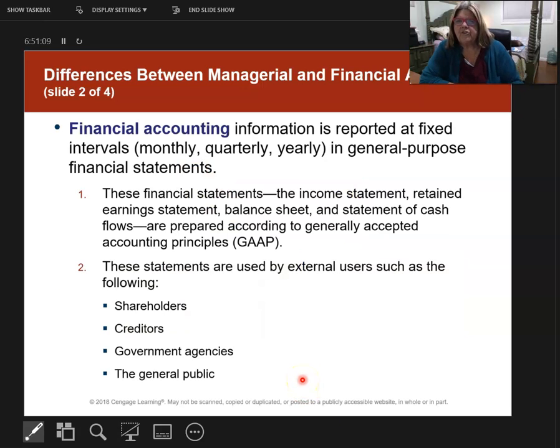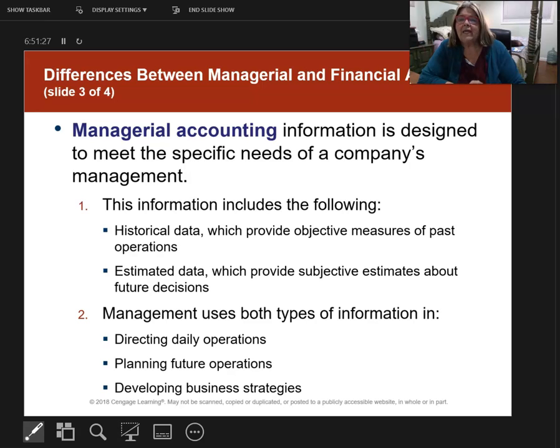The major differences are that financial accounting is all about external users, and the statements we focus on are the income statement, retained earnings, and balance sheet. But this is accounting 1A, or financial accounting. That's not what we're doing. We're doing managerial accounting. How do I, as a company manager, decide what I need to do in order to manage my company efficiently?